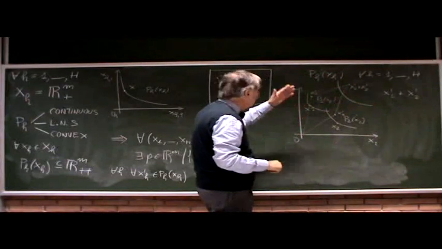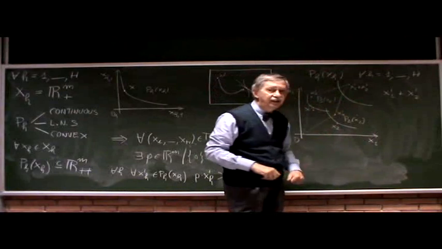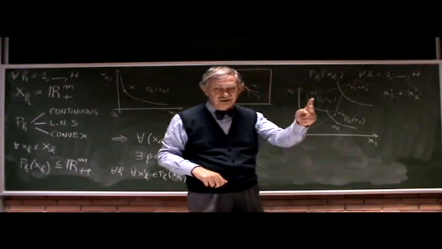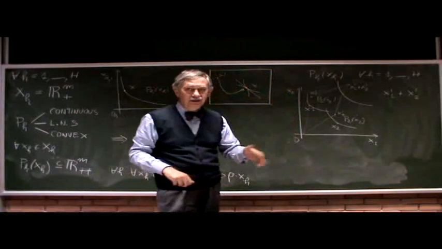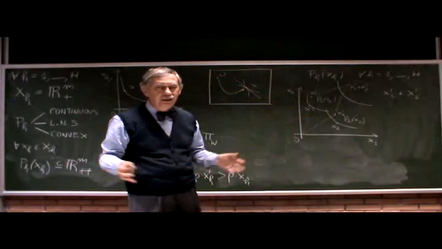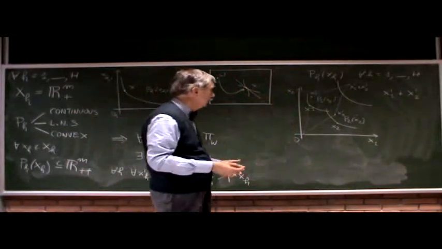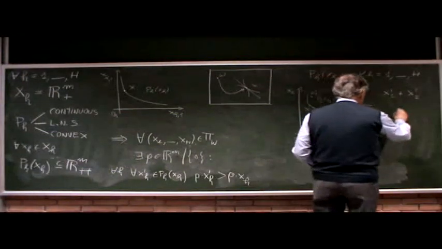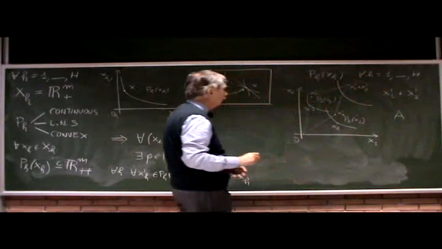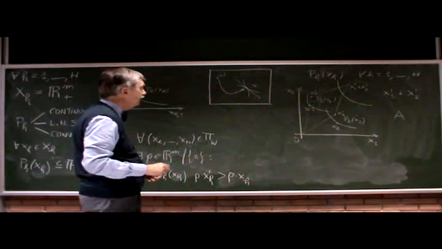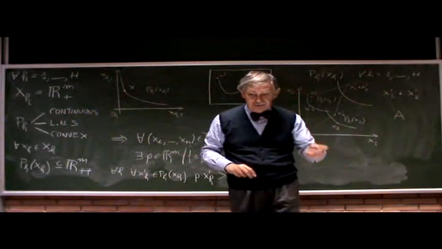The set is the sum of the different sets Ph of xh. In this case, there are only two consumers, but the procedure can be repeated for any number of goods and any number of households. Denote by A this set. Large A is the sum of these sets, which is obtained by means of this procedure.